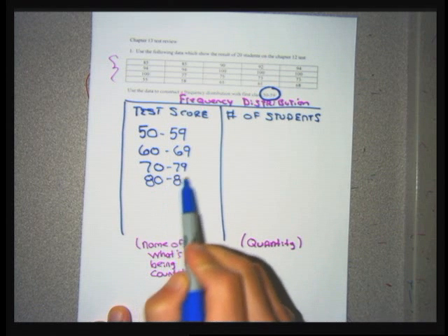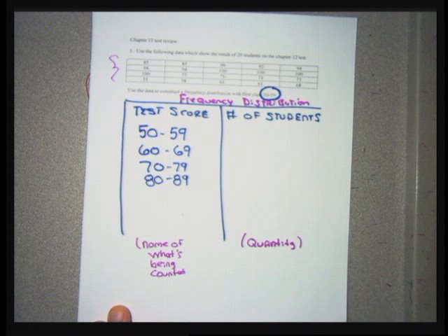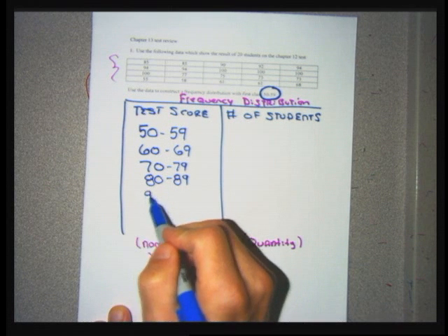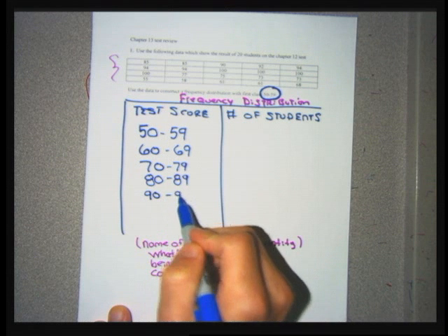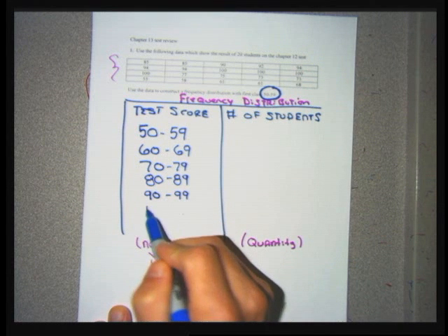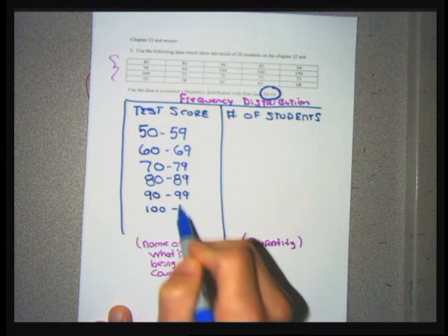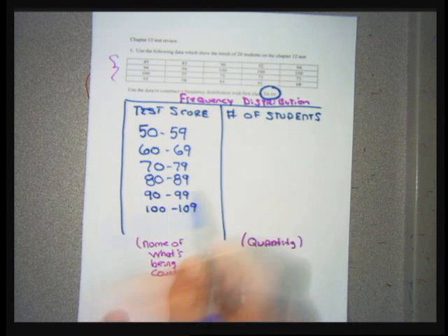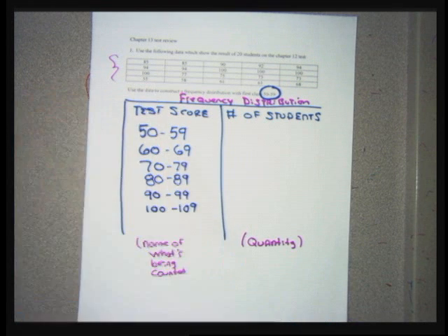And here's where I'll have a little bit of flexibility. Our author would insist on a category, the next category being 90 to 99, and then 100 to 109, because our author wants all the widths here to be the same.